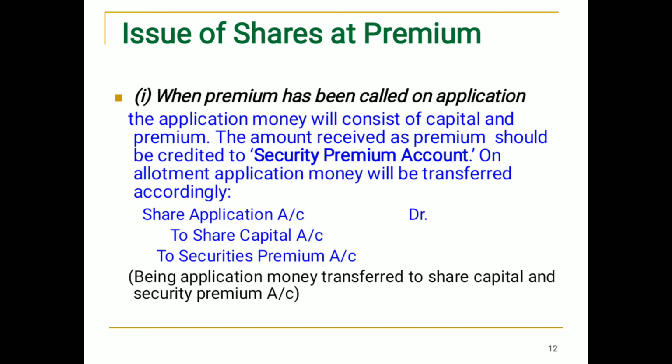They just say that if the shares are issued at premium, that means the share has been issued at a price higher than its face value. Say for example, the face value is rupees 10 and the amount of premium is rupees 2. So what is the price of issue? 12 rupees.